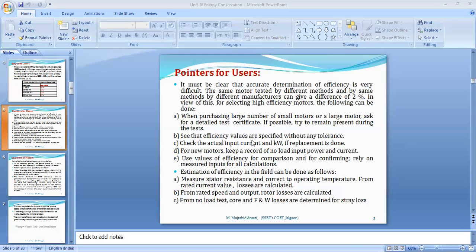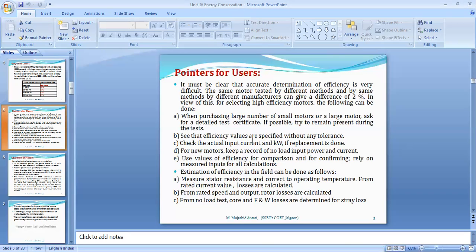So we should confirm the reading from the measurement itself. Then it is possible to identify the losses, and then we can overcome those losses or rectify those difficulties. We can overcome these difficulties only when we rely on the measured input data instead of calculated values. So we should measure the efficiency of the machine for comparison purposes.